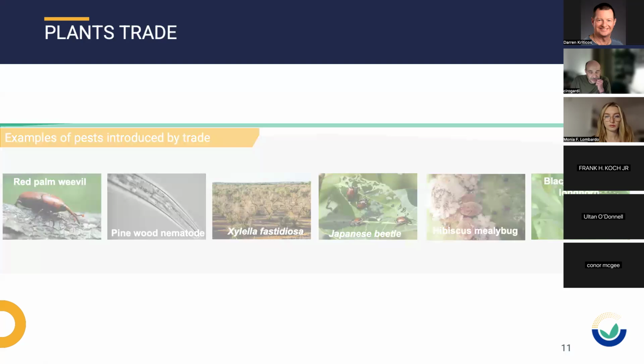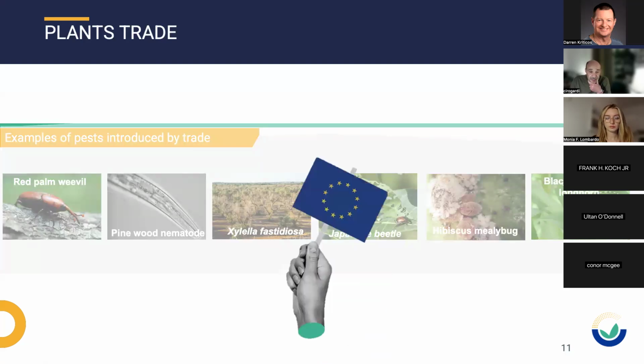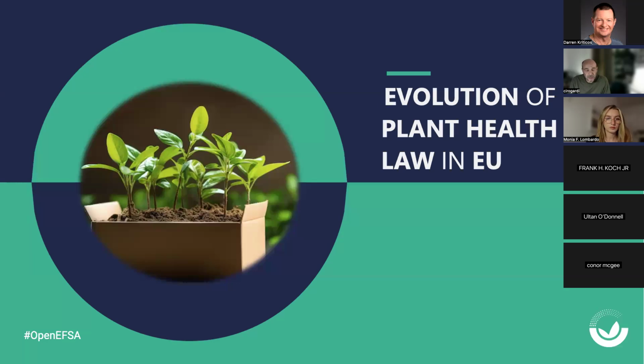And of course, all these crises raised attention also of the public opinion in Europe, and Europe decided to change, to amend the legislation, not only the legislation, but all the phytosanitary system, to be more protective.